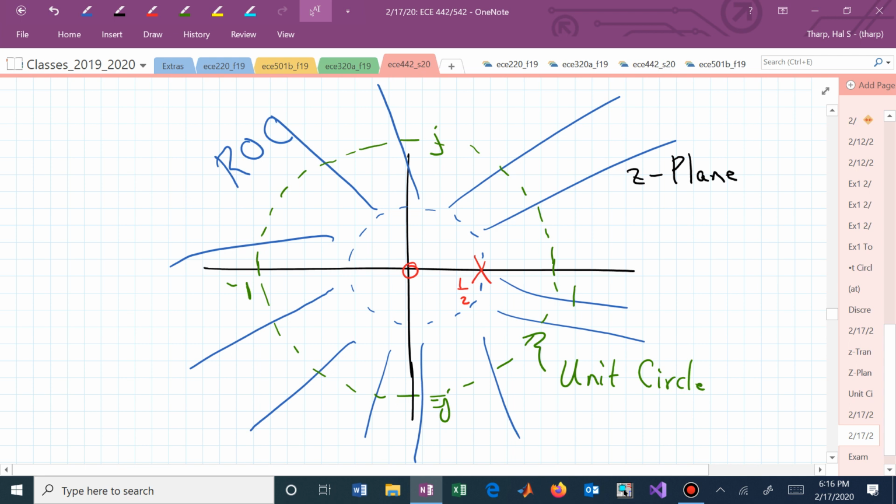The region of convergence is unbounded. That is independent of what the sequence in the time domain is, because we found it was bounded. Why was the time sequence bounded? Because it was a pole of 1/2, which for positive values of n is collapsing.